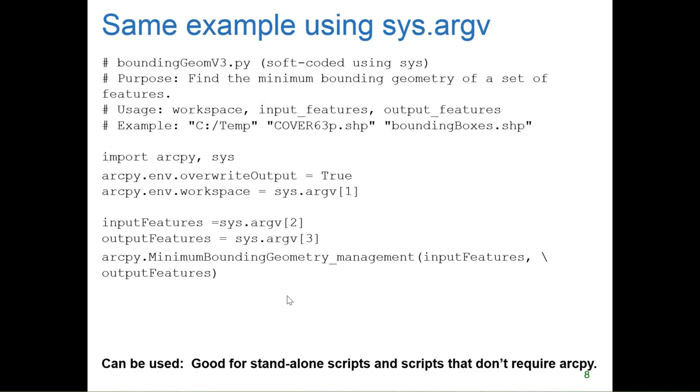Here's the same script that we saw on the previous slide, but using sys.argv for each of those 3 arguments. Notice the previous slide had get parameters text 0 as the first one. This one takes the 1 because of the script path. This is a good approach because it can be used for standalone scripts that don't require ArcPy.